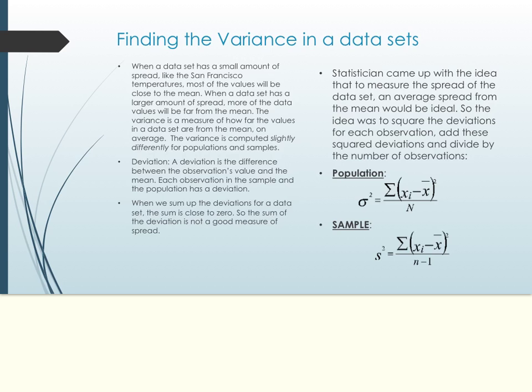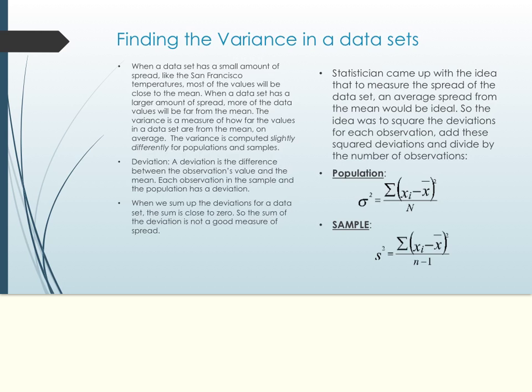The variance is a measure of how far the individual data values are from the mean. And so we're trying to compute the average difference from the mean, and eventually we'll be calling that standard deviation. But the first step is finding what we call the variance.